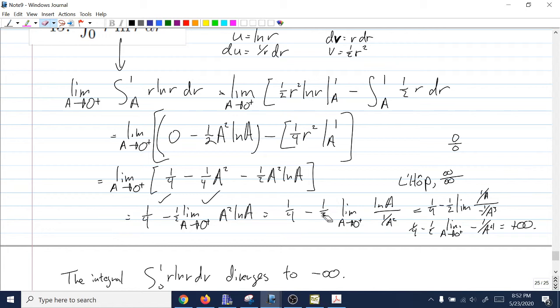Because log r goes to negative infinity. The log is negative at a small positive number.